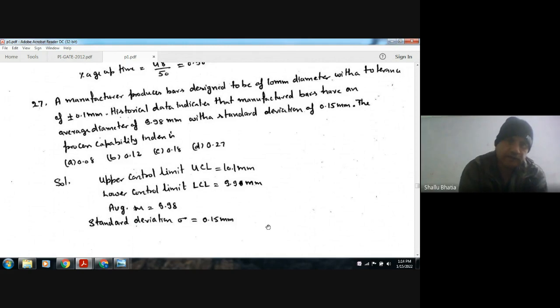Historical data indicates that the manufactured bars have an average diameter of 9.98 mm with a standard deviation of 0.15 mm. The process capability index is: option A 0.08, option B 0.12, option C 0.18, option D 0.27. Okay.